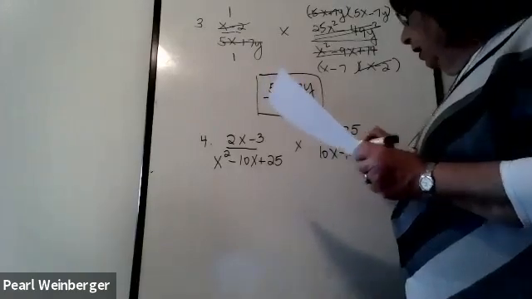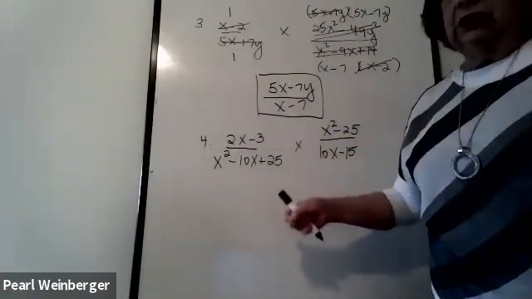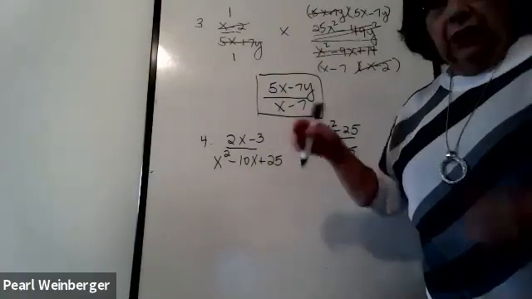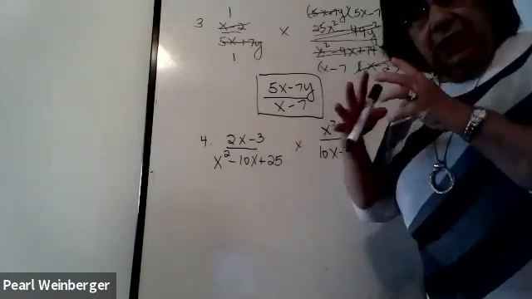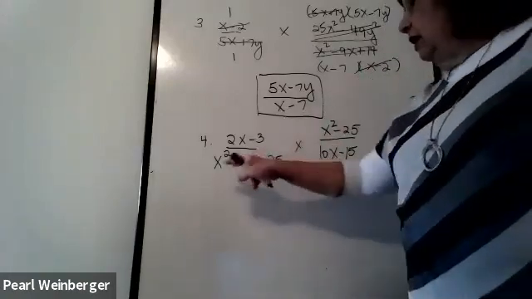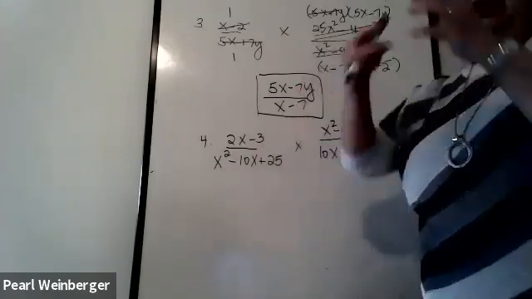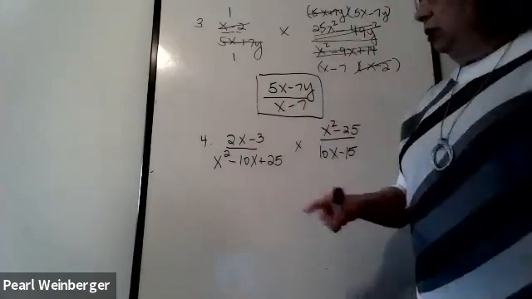And again, I can't start canceling things out until I have factored and can cancel out the whole factor. I can't take pieces like x squareds or 25s and cancel them out. It has to be a whole unit.